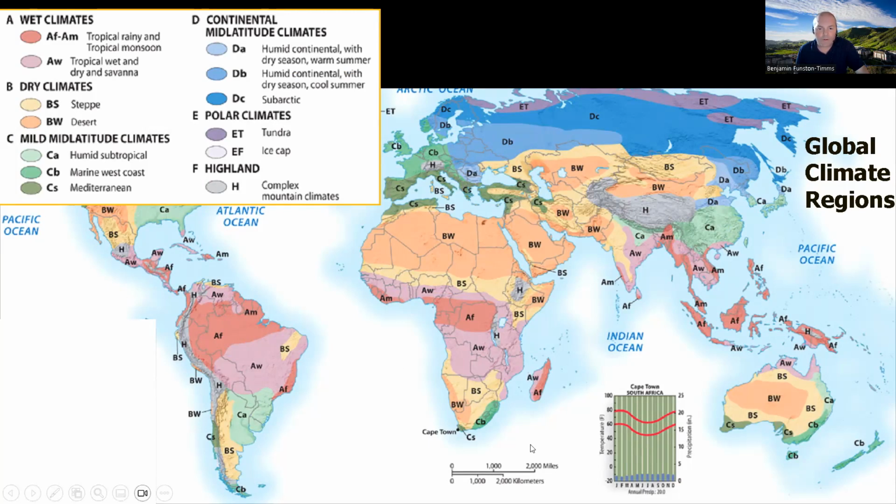And Africa is pretty much the best way to look at all these climates because right in the middle, you have those tropical wet climates. When you get to Eastern Africa, I'm sorry, you have some highlands and mountains, and that alters things. The dry climates are steppe, which is kind of scrub grasses and things like that, and then desert and grasslands.